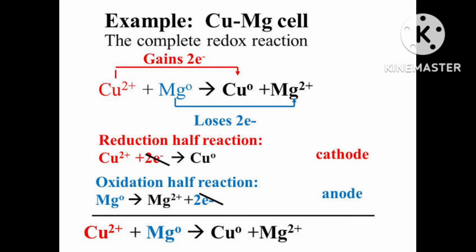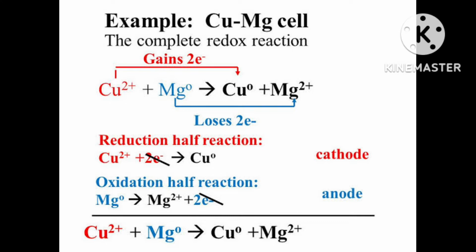If we add both reactions, the electrons will be cancelled. If you take the electrons to the right, it becomes minus 2 electrons against plus 2 electrons, so they cancel. Or simply you can cut the left side and right side electrons, and both will be cancelled.